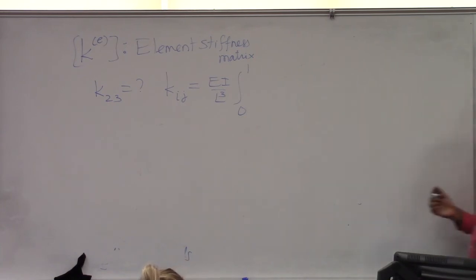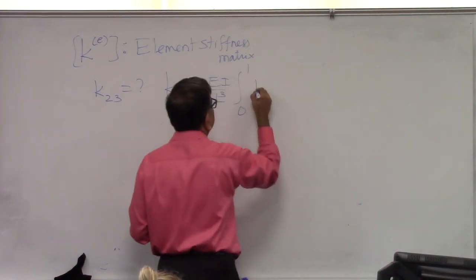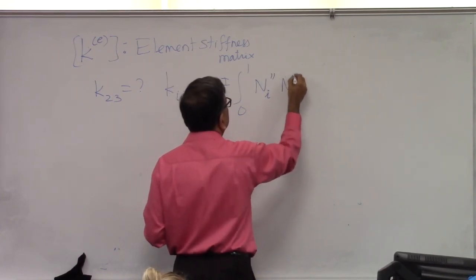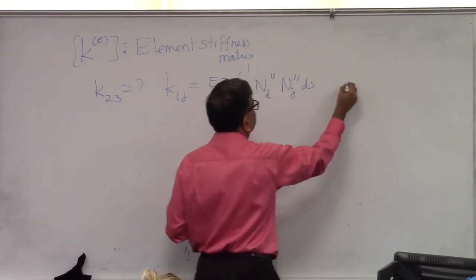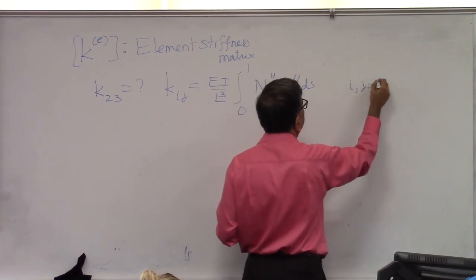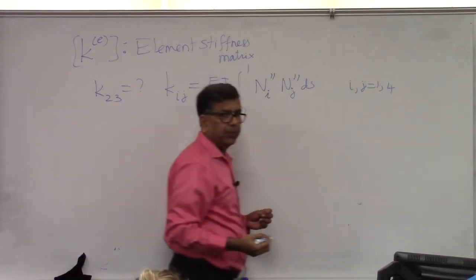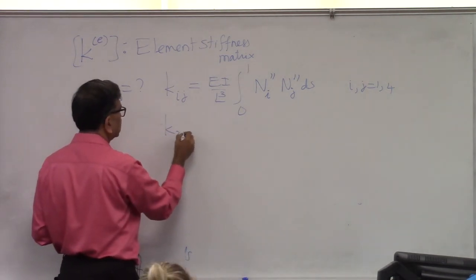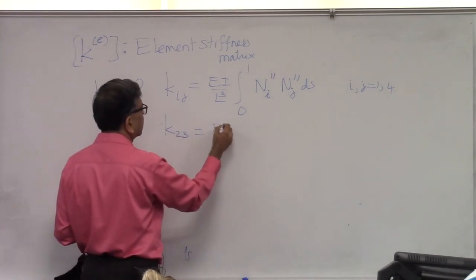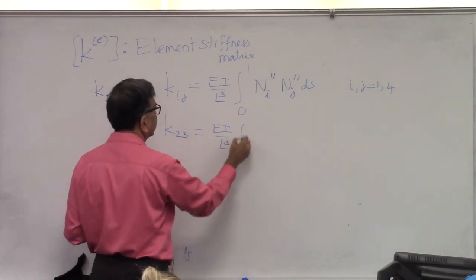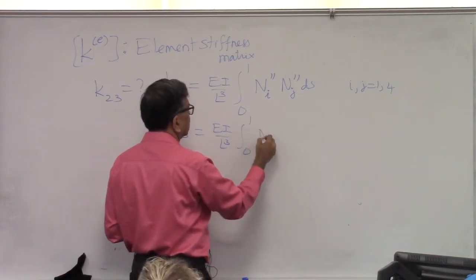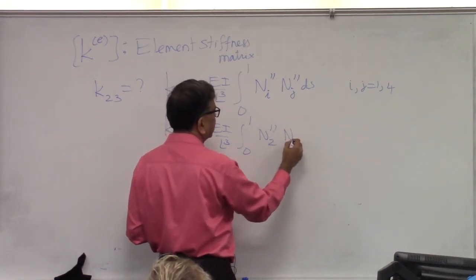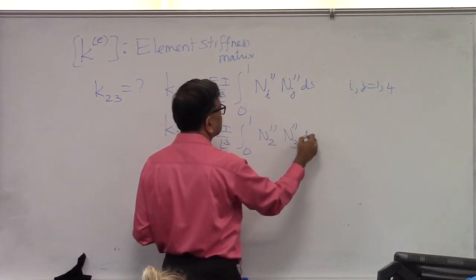That's how you do the multiplication. So it will be Ni double prime Nj double prime ds, where i and j can vary from 1 to 4. So if I ask for K23, you just take EI over L cube, go to the third function, find that second function double derivative, N3 second derivative ds.